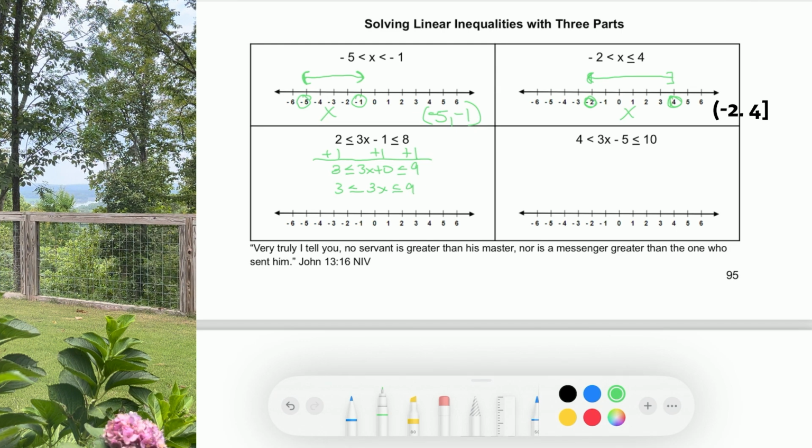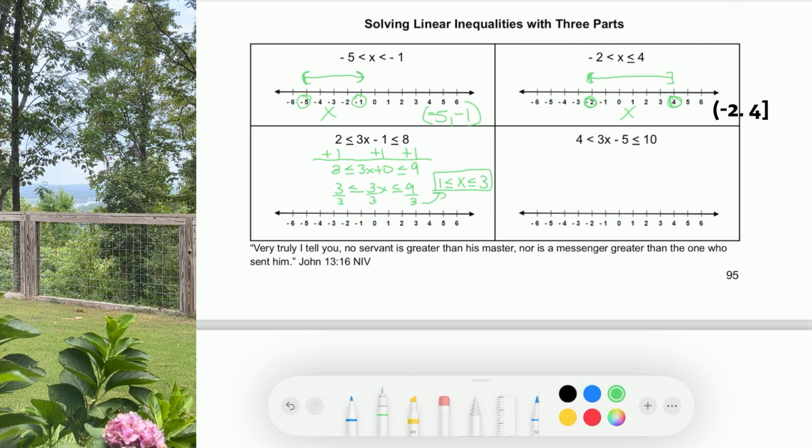All right, so now what we have in the middle with the x is a 3 being multiplied against it. We need to divide by 3 to move that 3. If I divide this by 3, then I need to divide both ends by 3 as well. So divide by 3, divide by 3. So what I end up with is 1 is less than or equal to x, which is less than or equal to 3. So this comes up here.